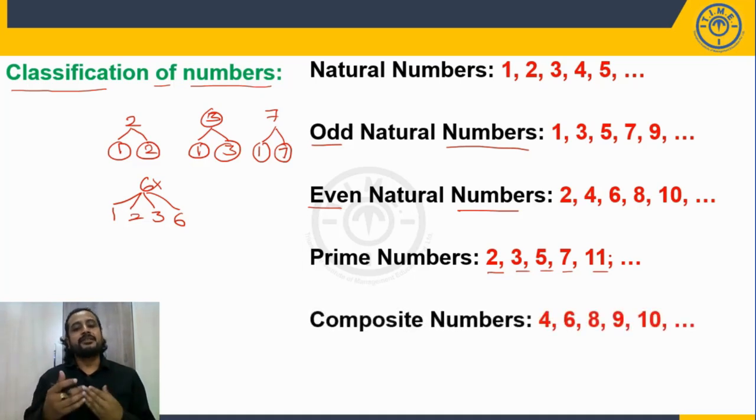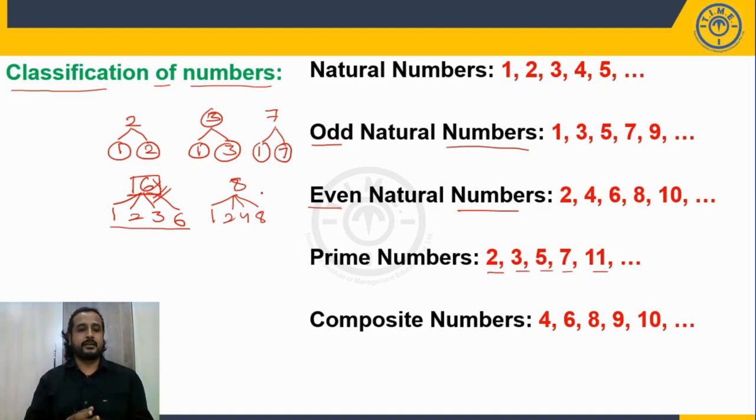Composite numbers. Which numbers do we call composite numbers? The numbers which have more than 2 factors. Let's say 6, which has more than 2 factors. 8 is divisible by 1, 2, 4 and 8, so 8 also has more than 2 factors. We call these composite numbers.